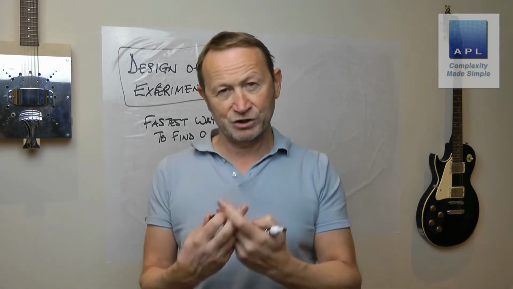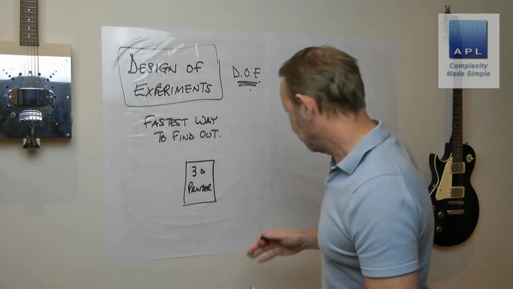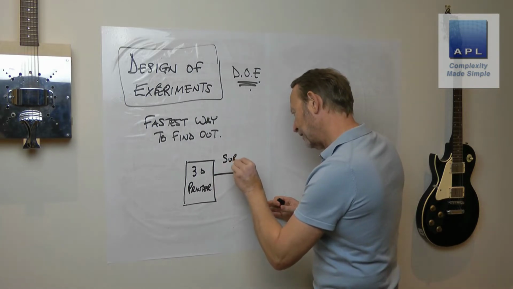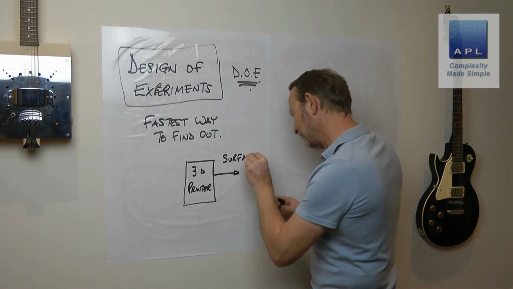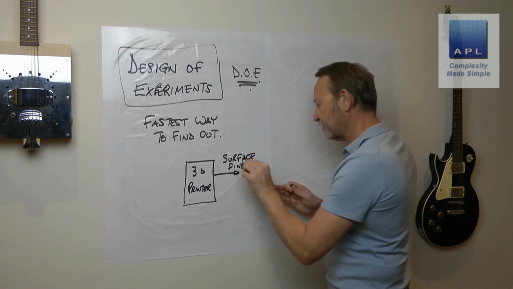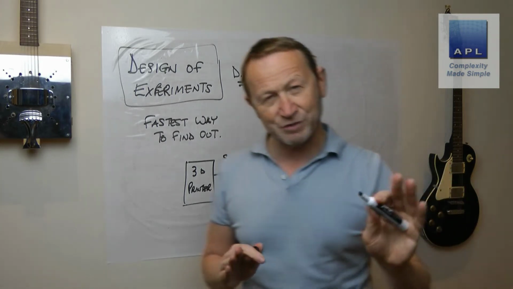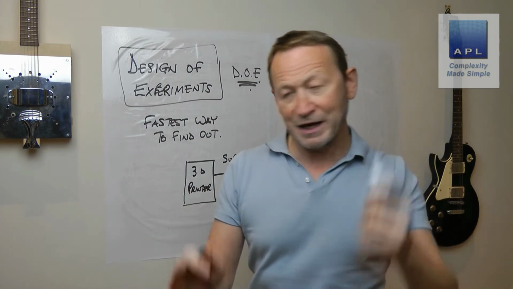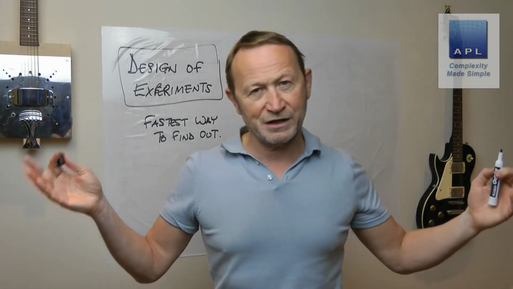And this engineer wanted to understand how to make the printer work better, and what he was particularly interested in, he was only interested in surface finish. Now I'm going to add some other things in a moment, but he gave me 3 variables that he was going to play about with in order to understand how surface finish.